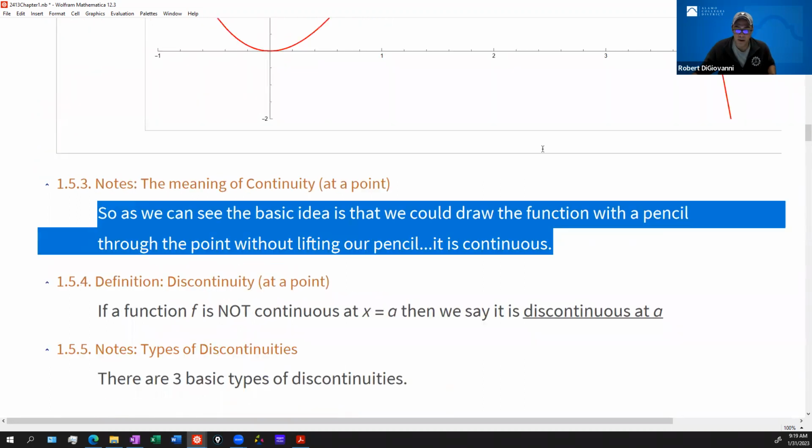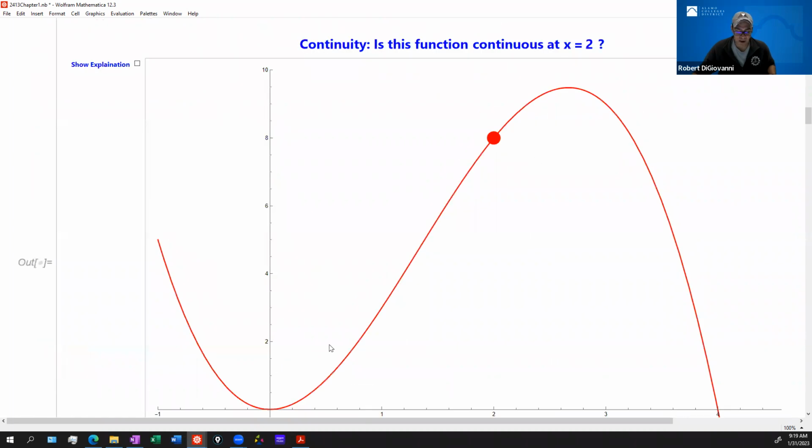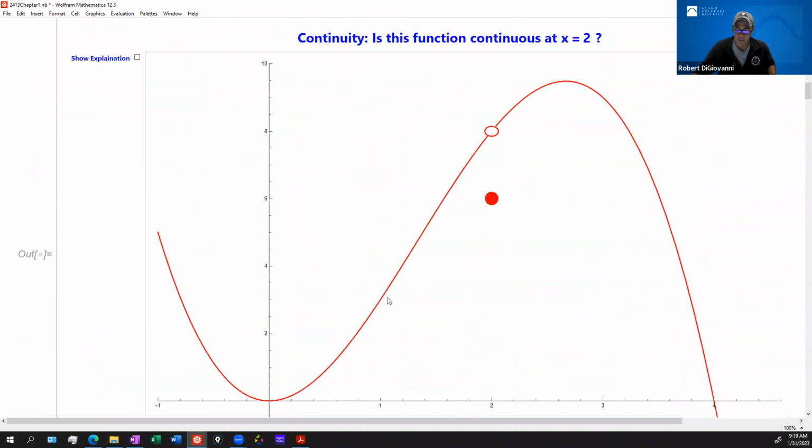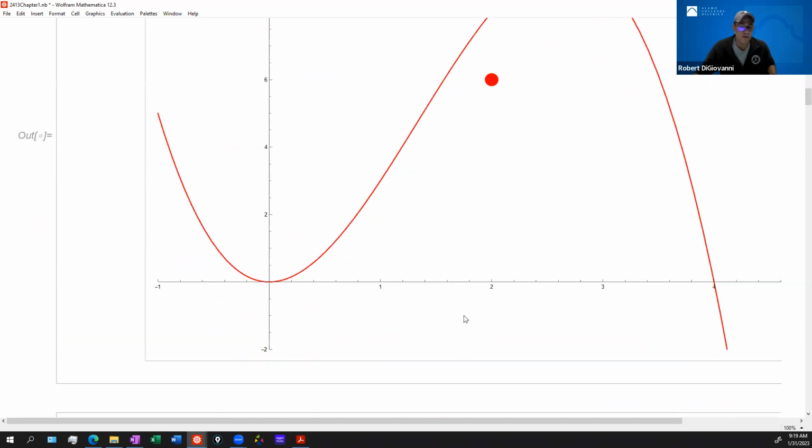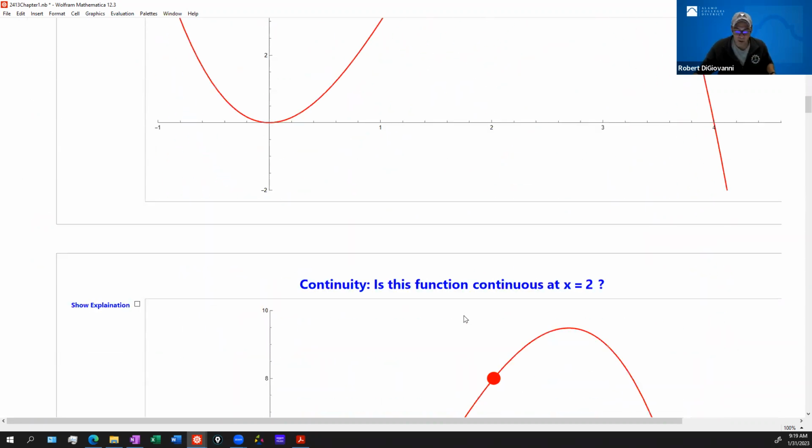This function was continuous everywhere except 2, so we could say that this function is discontinuous at 2. Same with this one. So this is just a language thing. We're defining some things so we understand what we mean when we say them.